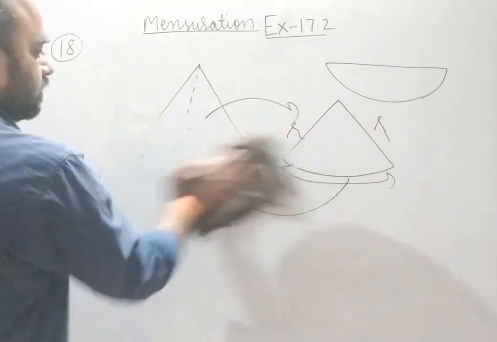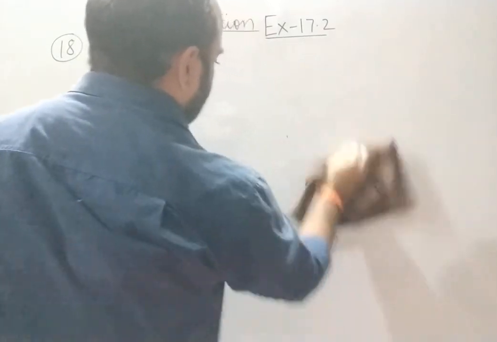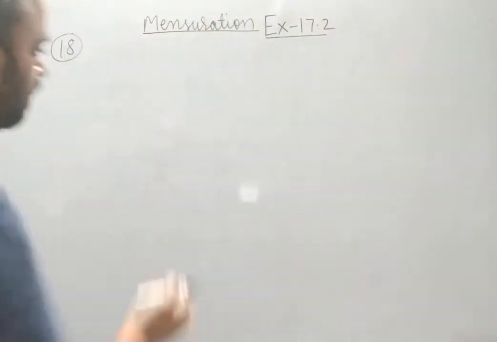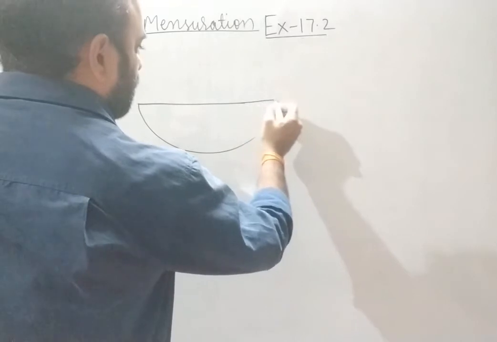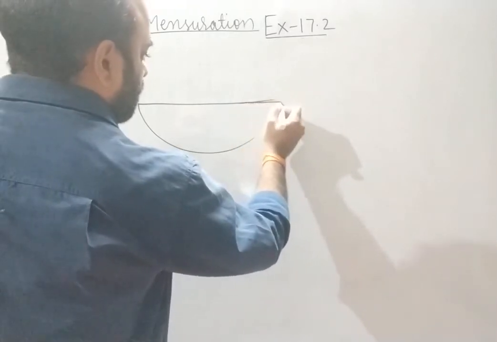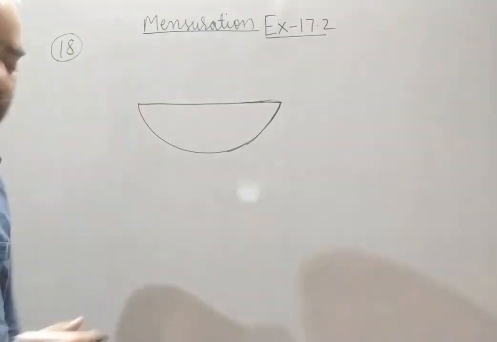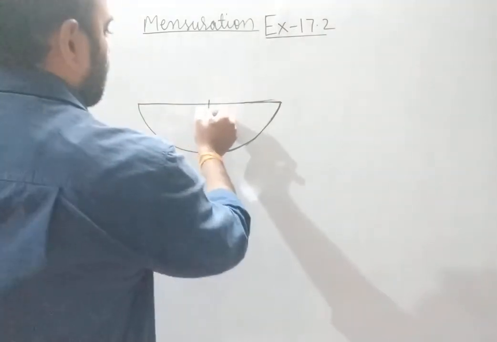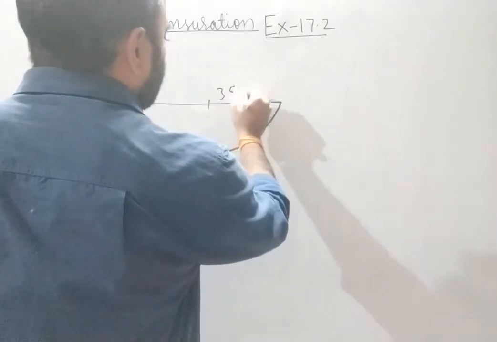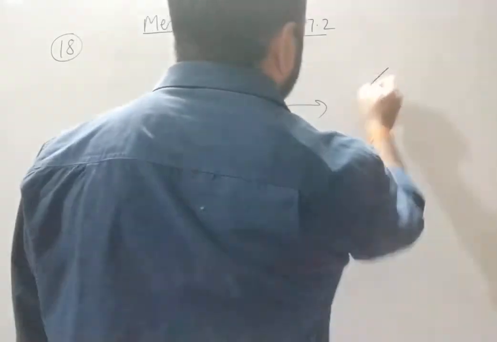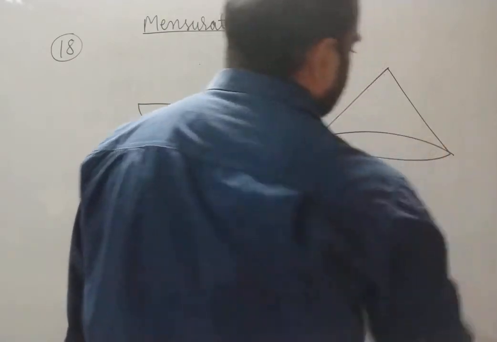So the question is, we are having a semicircle of radius 35 centimeter. This is folded to make a cone.